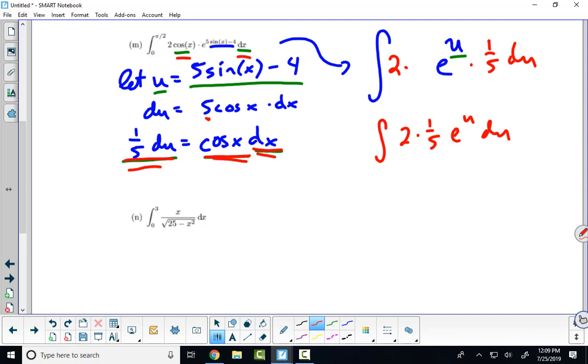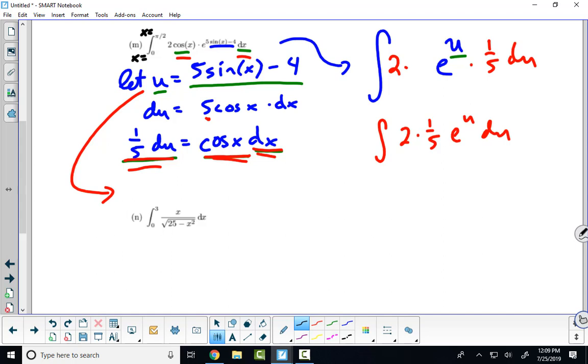This is a definite integral. We've got limits of integration. But look, we've given ourselves a formula for how to adjust things in terms of x to things in terms of u. By the way, it might be helpful up here to write x equals 0 and x equals pi over 2.